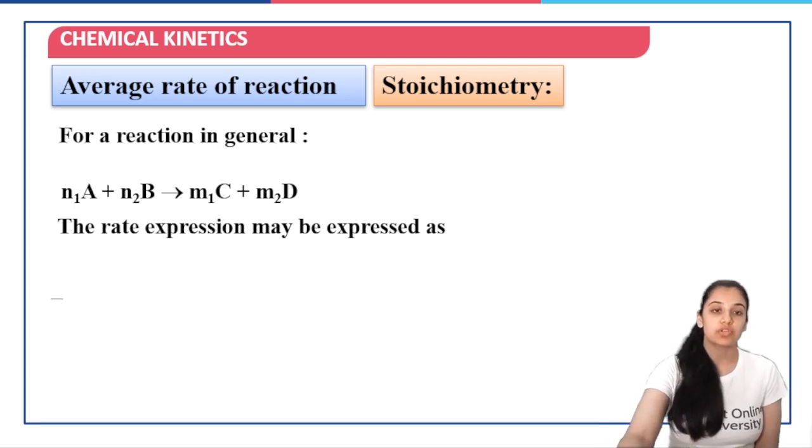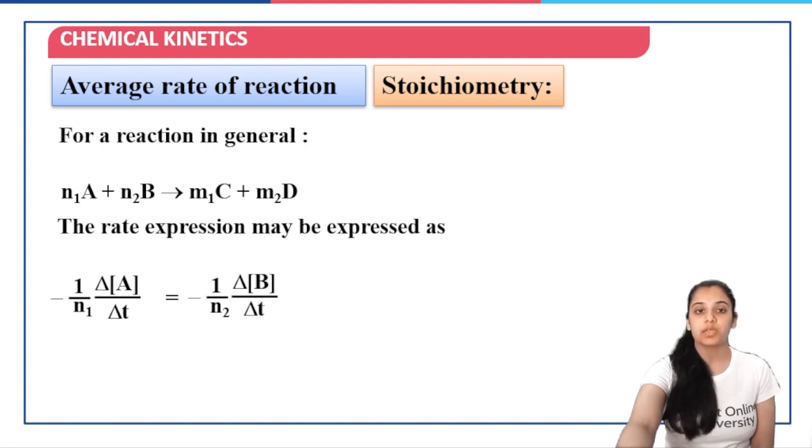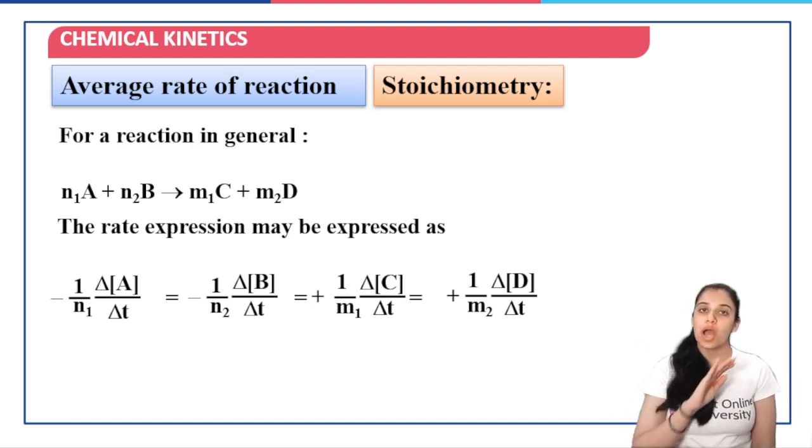So the rate of the reaction will be minus 1 upon N1 delta A by delta T equal to minus 1 upon N2 delta B by delta T equal to plus 1 upon M1 delta C by delta T is equal to plus 1 upon M2 delta D by delta T. Very, very simple to understand.